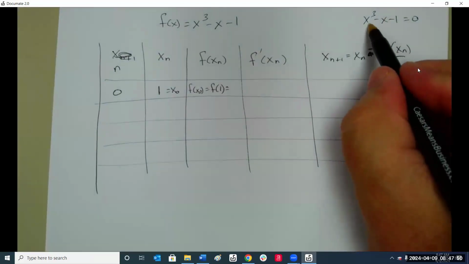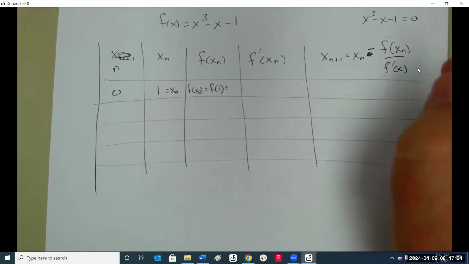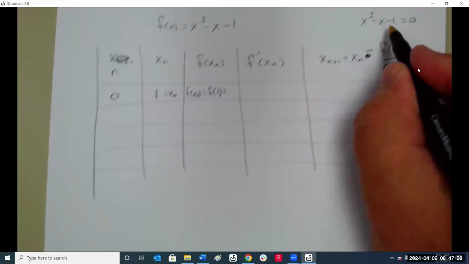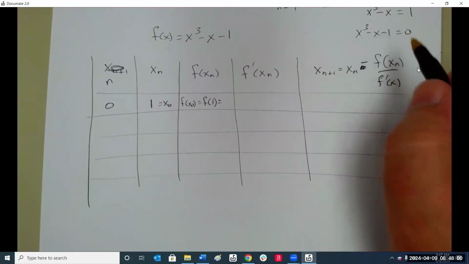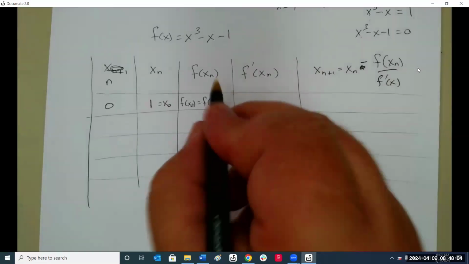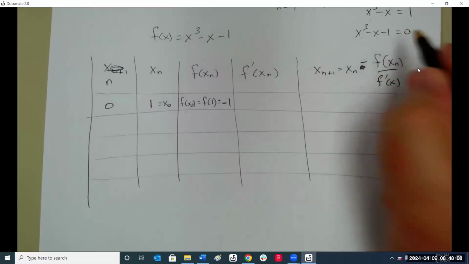And I plug it in there. 1 minus 1 minus 1 is negative 1. Because 1 minus 1 is 0, minus 1 is minus 1.